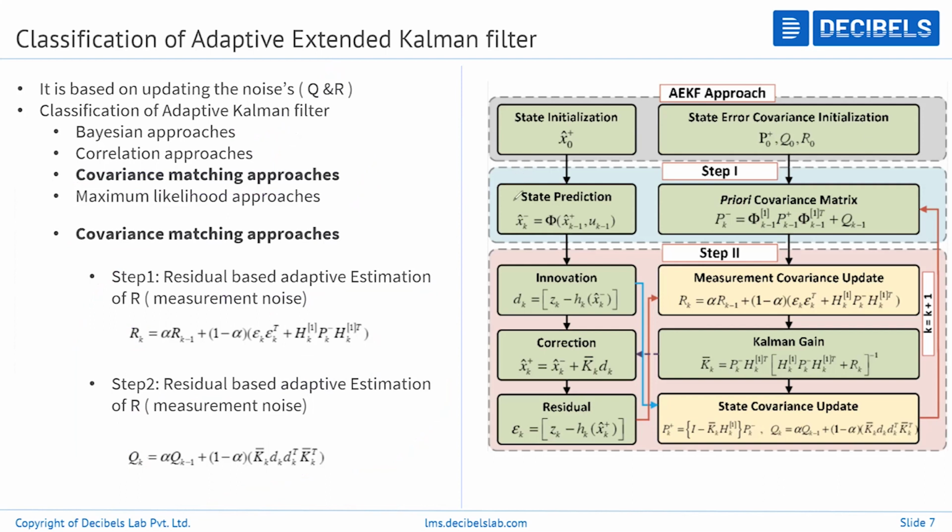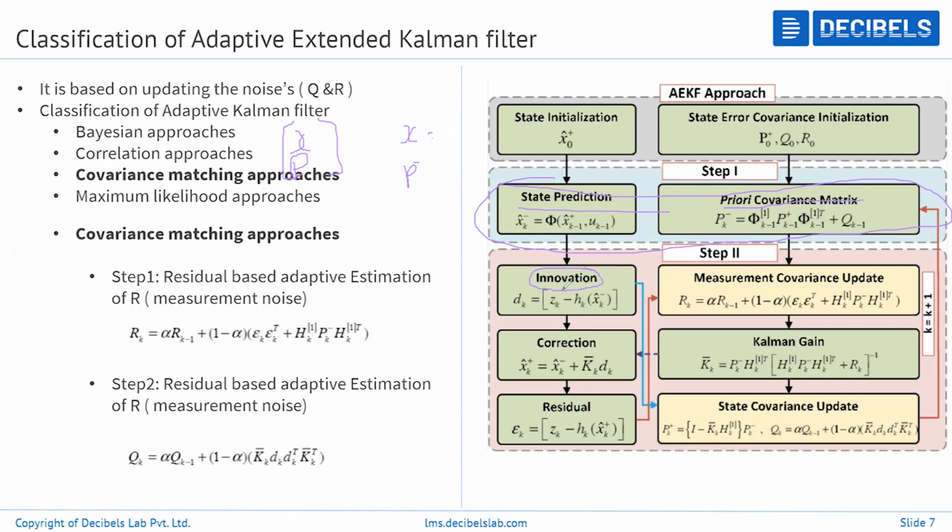In terms of steps, there is an initialization of the state, that is X and P. Then you go for X predict and P predict. At step one, state prediction and P predict, the process covariance matrix. In the second step we come up with the innovation step.